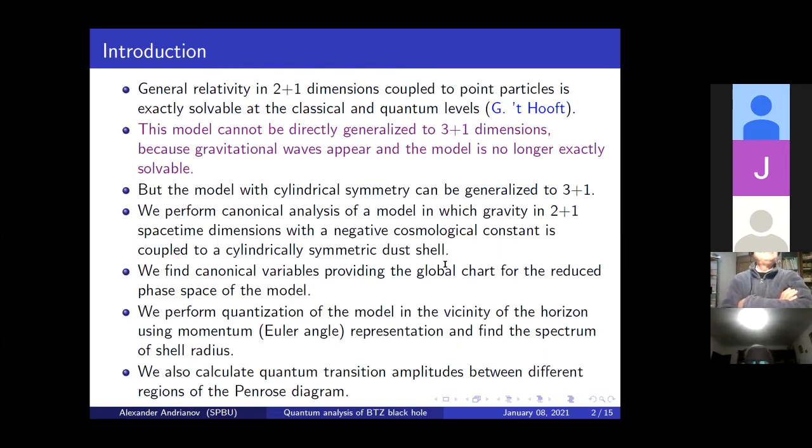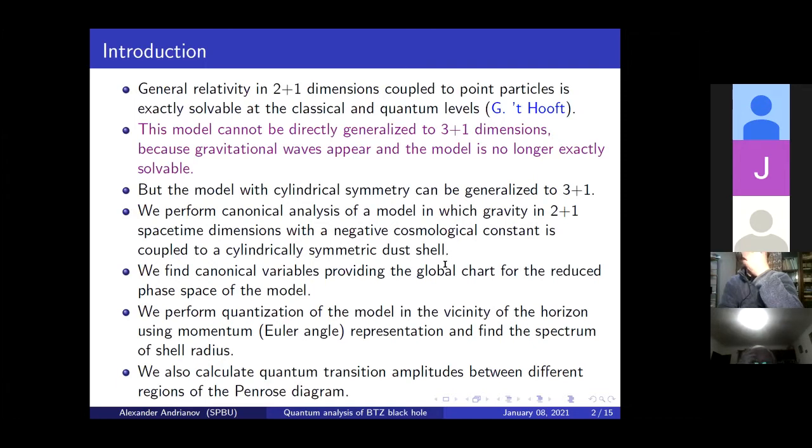Of course, it was done relatively easily for the cylindrically symmetric matter shell. And in this talk, I also present results for the cosmological constant present and the BTZ black hole.